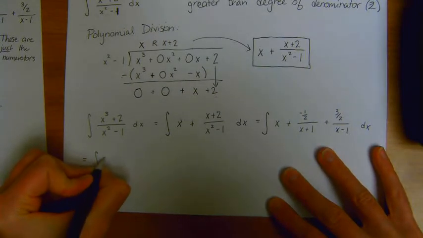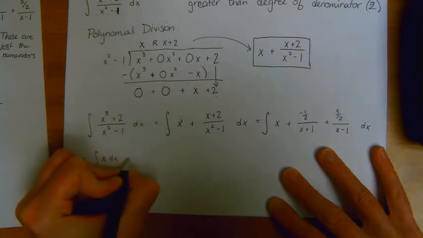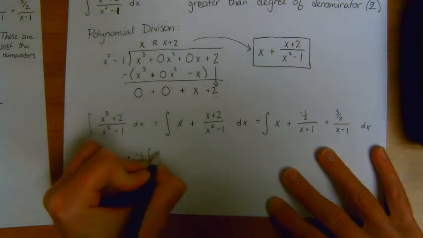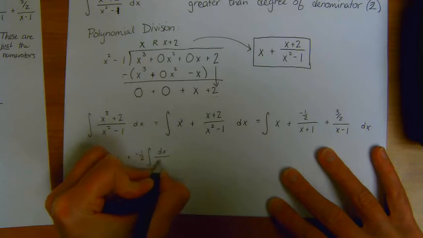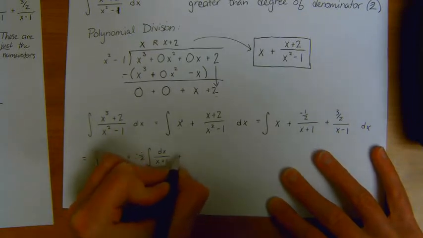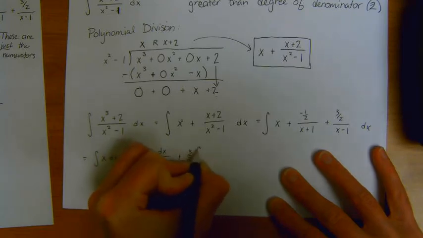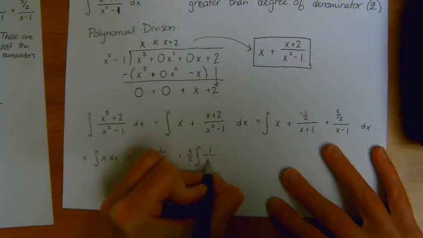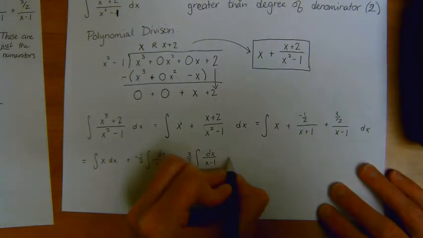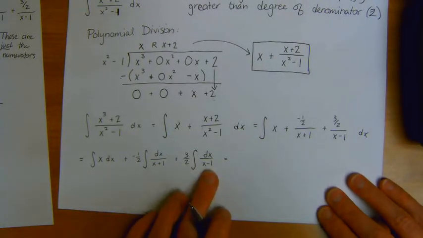This is the integral of x dx plus negative 1/2 times the integral of 1 over x plus 1 plus 3 halves times the integral of 1 over x minus 1. Again, each of these pieces is individually really easy to integrate.